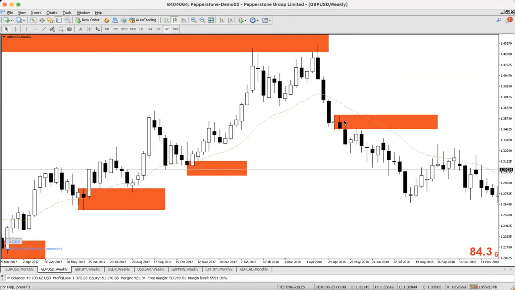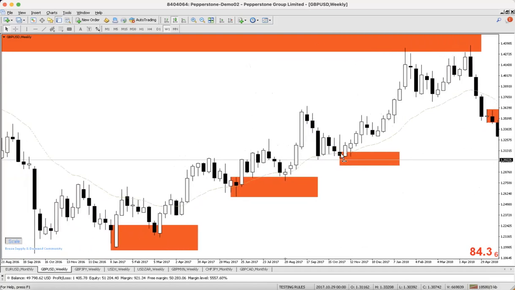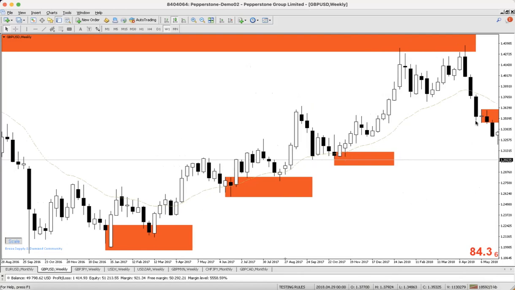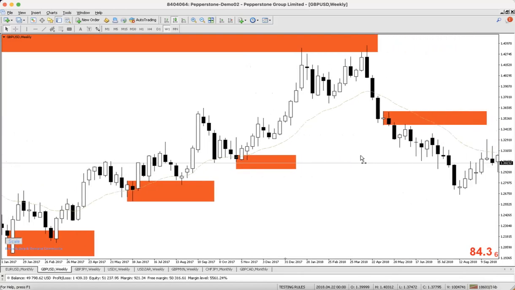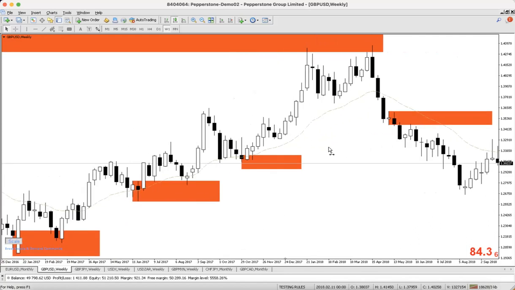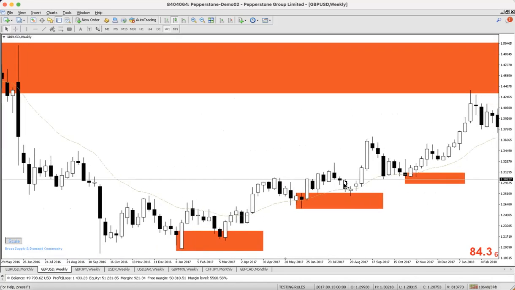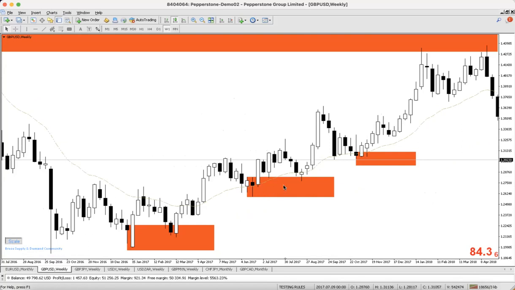The market printed this original zone and it went back to test this original zone. If it was like this, without that retest, we would be calling that an original zone. The market went back to test it and then it went down. Now all these were fresh zones.